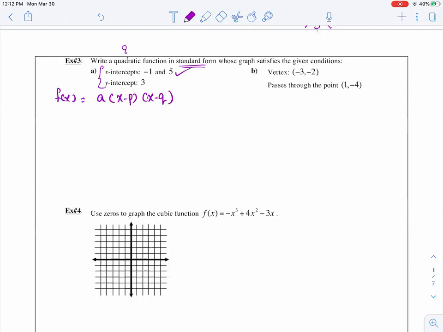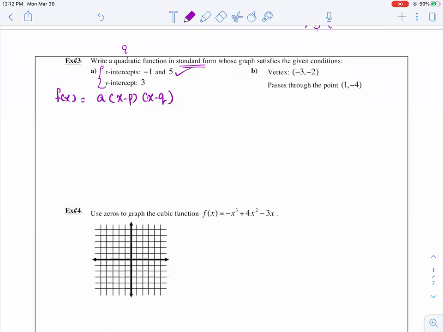Now, somebody tell me what p and q are in this problem. The x-intercepts are -1 and 5. P is -1 and q is 5.